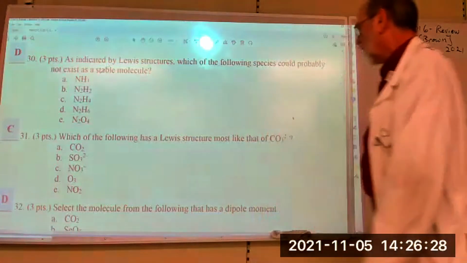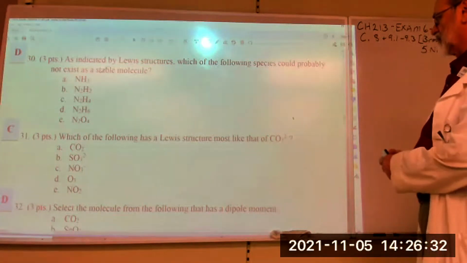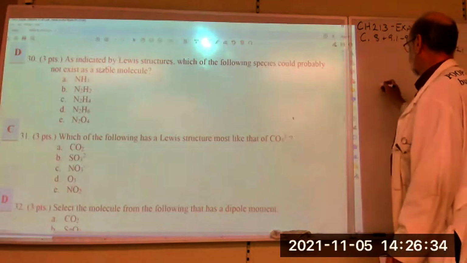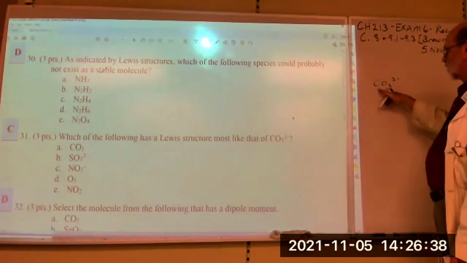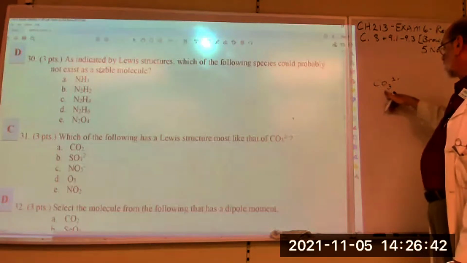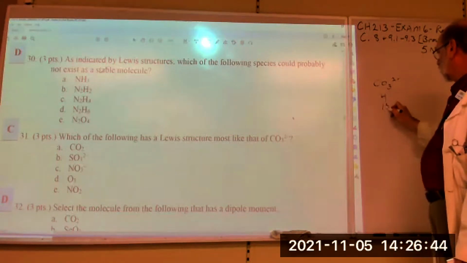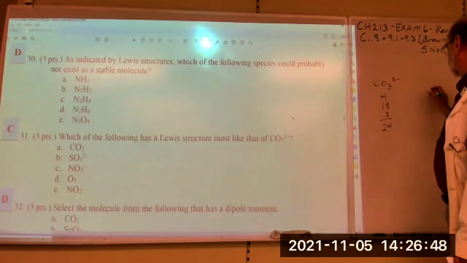31. Which of the following has a Lewis structure most like that of CO3 2 minus? CO3 2 minus. So this is 4 and 18 and 2. So it's 24 electrons.